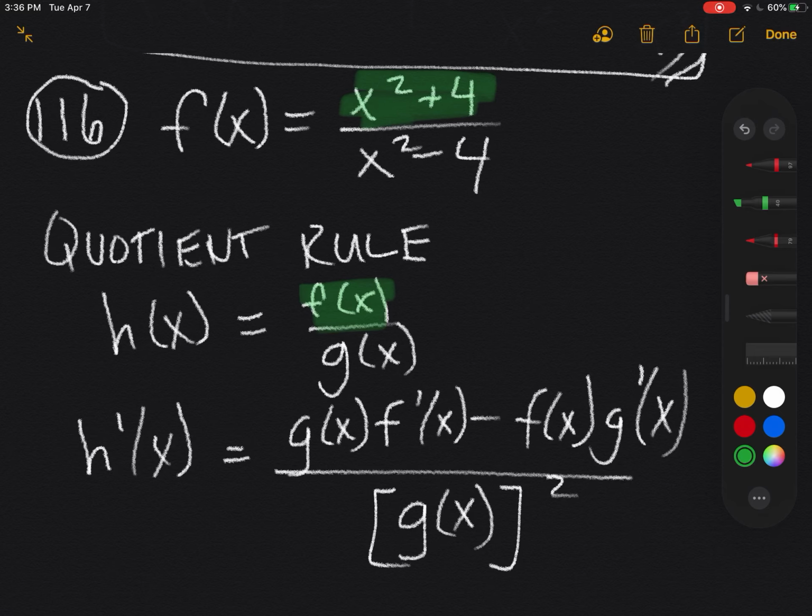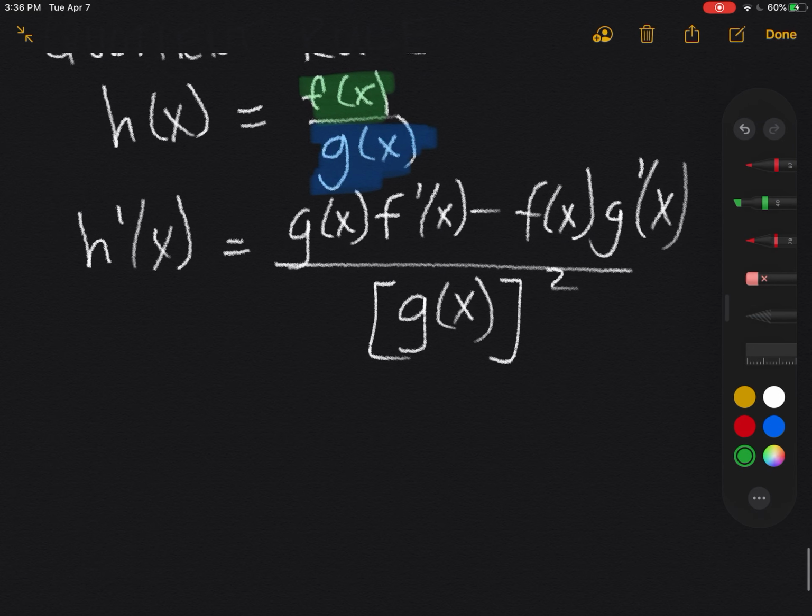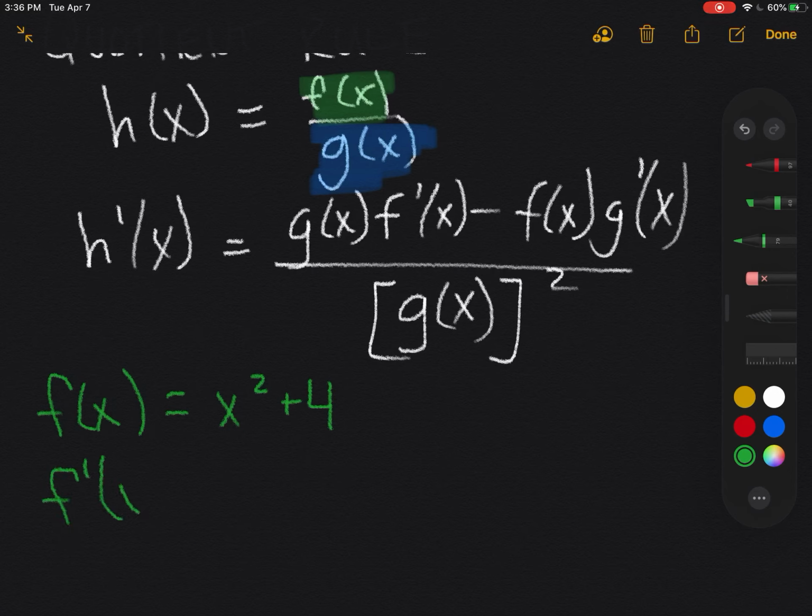So again, this is a nice way to organize your work. When they're talking about f of x, that means this numerator function here. When they're talking about the denominator g of x, they're talking about x squared minus 4. So I like to go ahead and organize that work that way. So here, f of x is equal to our numerator, x squared plus 4.